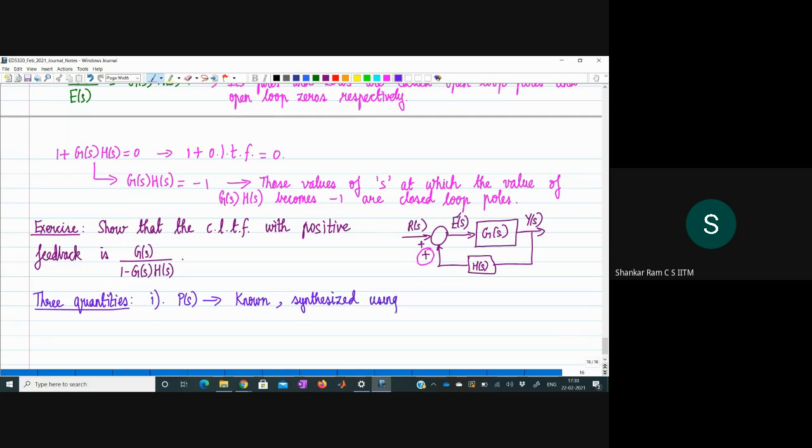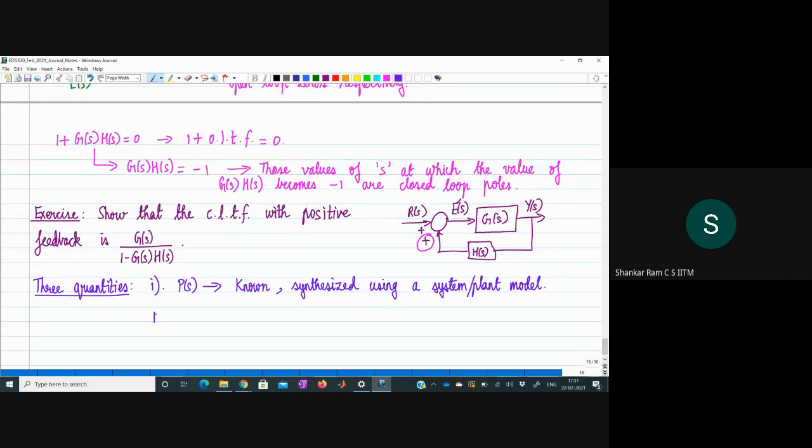Suppose we are looking at controlling the heading angle of a vehicle. We can use the bicycle model that we learned in vehicle dynamics to get the plant transfer function. We derive the equations of motion, and this plant model is synthesized. So that is one.